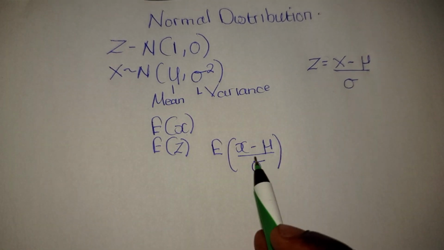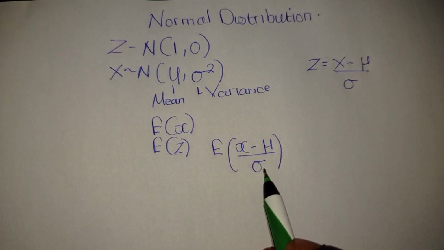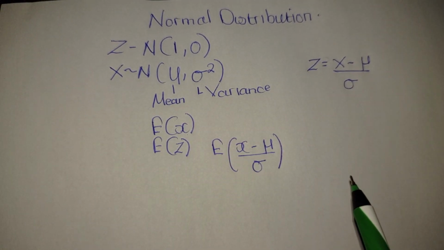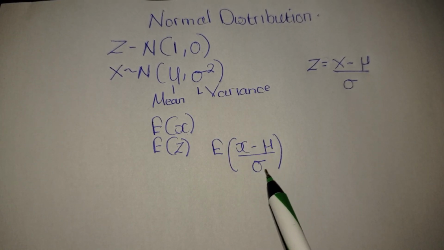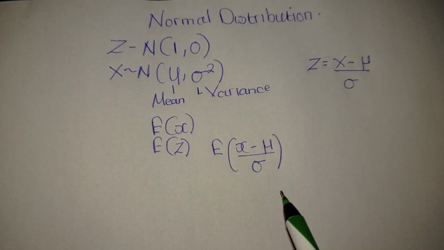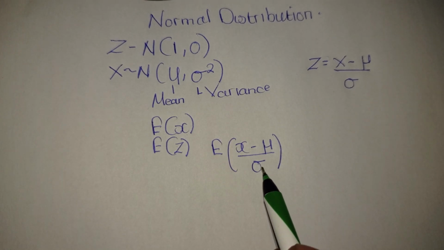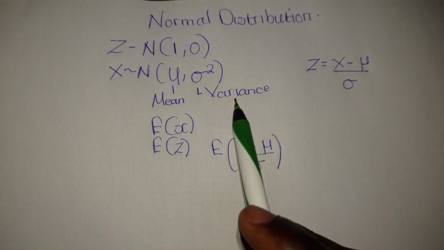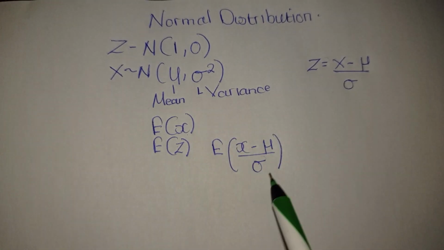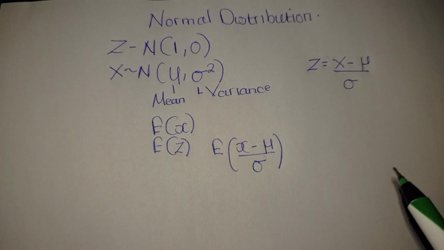In this case, the standard deviation is a constant. Remember, in grade 12, if the variance is 4 and you take the square root, you get 2, and that 2 is the standard deviation. Any variance you square root gives the standard deviation.